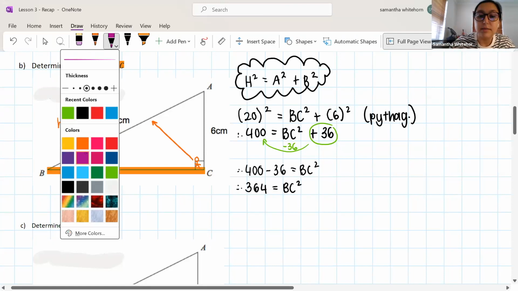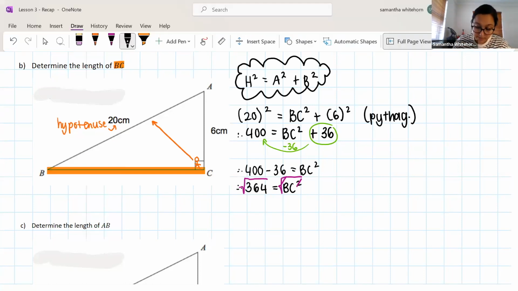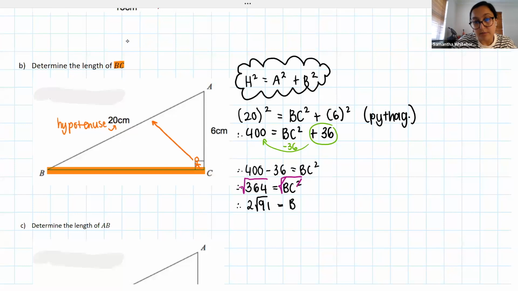And like I said 30 seconds ago, whenever you're doing Pythagoras, you need to square root before you get the answer. Because I want BC alone and not BC squared, I square root to get rid of the square. But remember, what you do on one side of the equation, you have to do on the other side. If I square root 364, my calculator gives me an answer that says 2 square root 91. That doesn't really mean much to us, so we can convert that to a decimal.